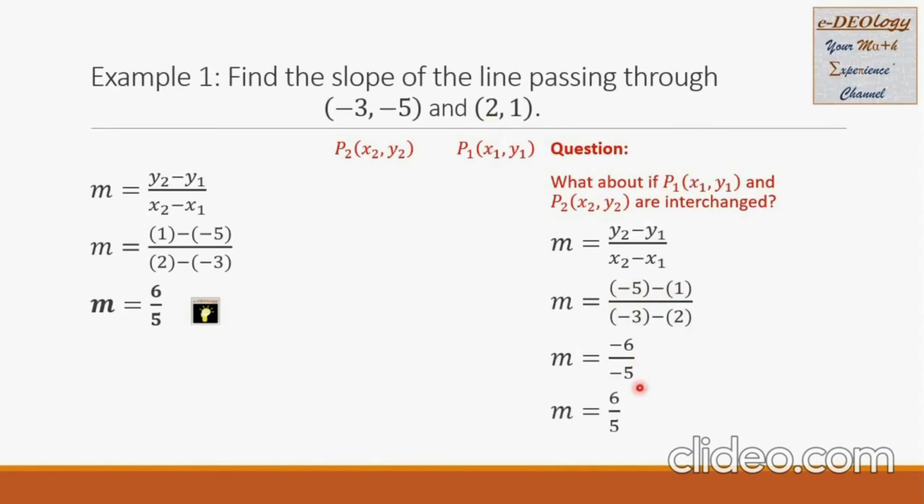So our slope here is positive 6 over 5, and we can see that the answer is the same as our answer in the first method. For our conclusion, we can say that given any 2 points, we can pick any point to be the P sub 2 and the other point to be P sub 1, or vice versa, and we will have the same answer.